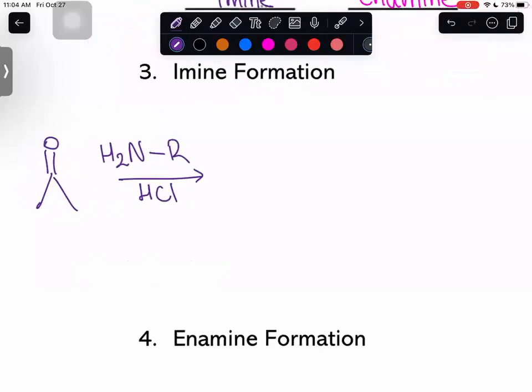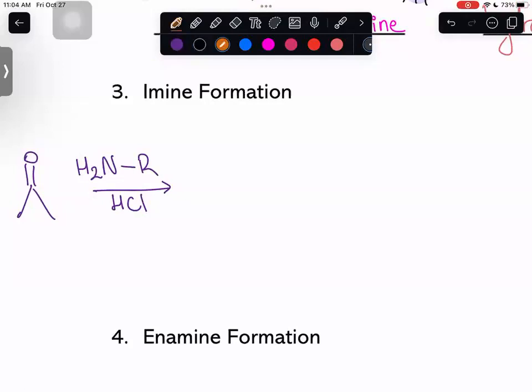Okay. So let's start with our imine formation. First of all, this guy, what kind of functional group is that? It's an amine. Specifically, what degree? Primary amine. Exactly. So whenever you see a primary amine as your reagent, that's how you know that you're forming the imine.